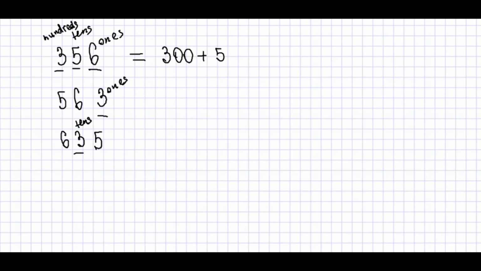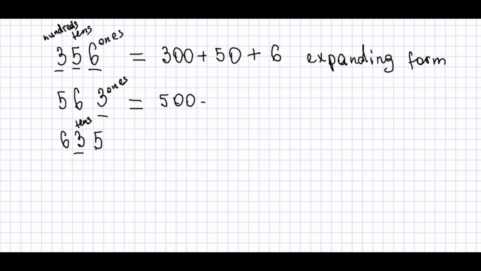The value of 5 is 50, and the value of 6 is just 6. This form is called expanded form. So we expand the number by its values. This is 300 plus 50 plus 6. 500 plus 60 plus 3. 600 plus 30 plus 5.